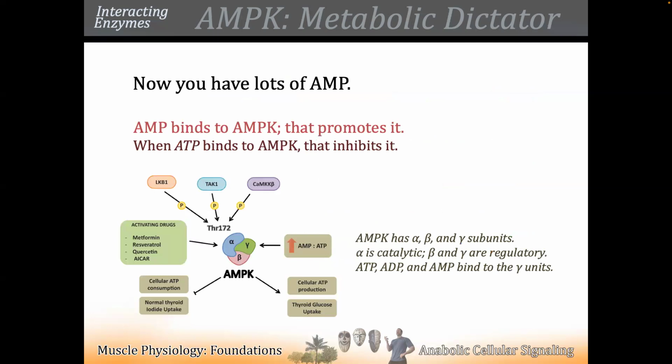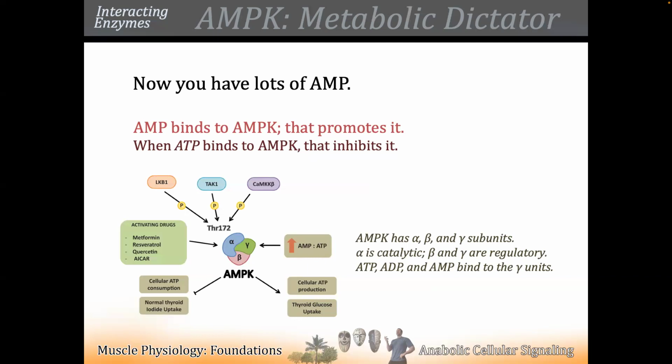That AMP binds to the gamma subunit on AMPK, and that permits its activation. In skeletal muscle, you're going to be activating it with LKB1. You see a couple of other upstream kinases in this diagram. TAK1, that's transforming growth factor beta activated kinase 1.